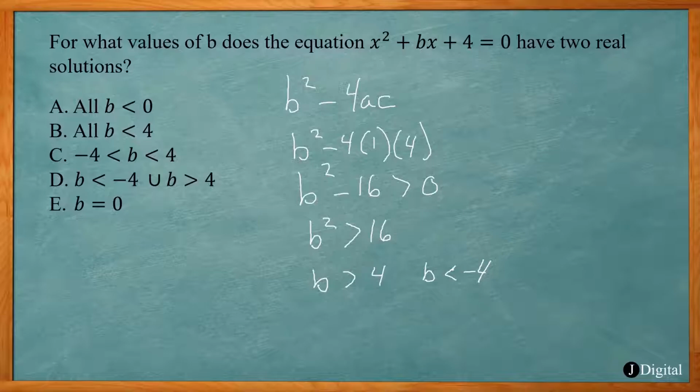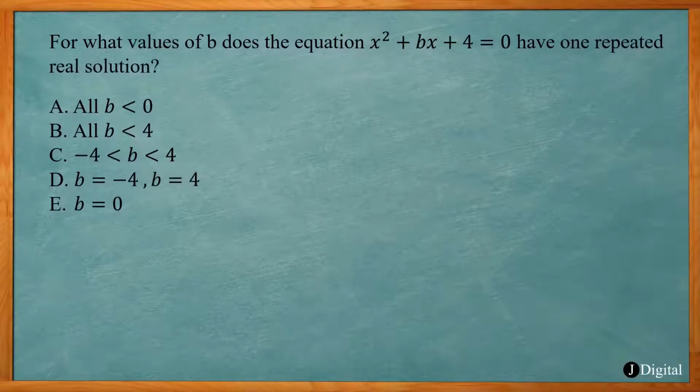So any value greater than 4 or less than negative 4 will cause b squared to be greater than 16, which would end up being greater than 0. So in this case, our answer choice would be D: b is less than negative 4, union with b is greater than 4.